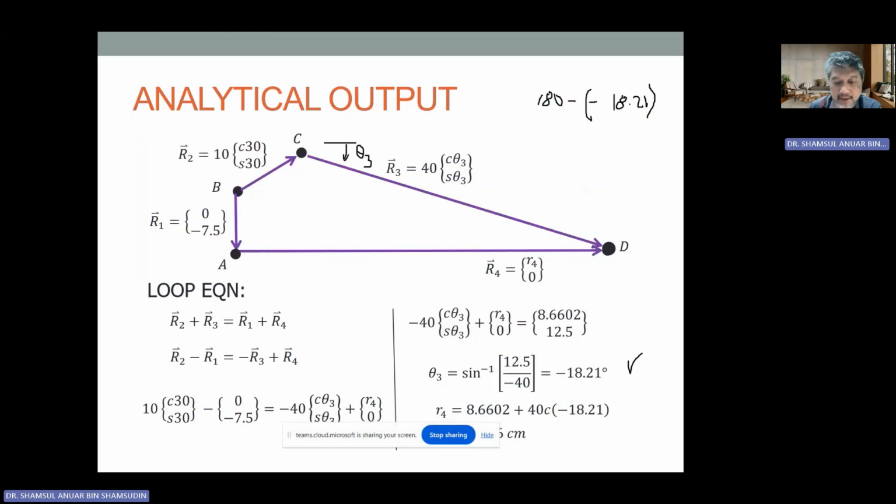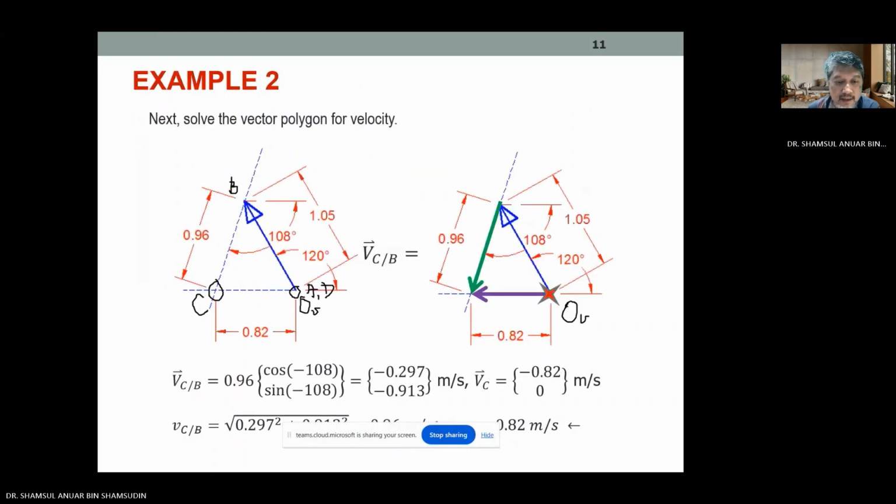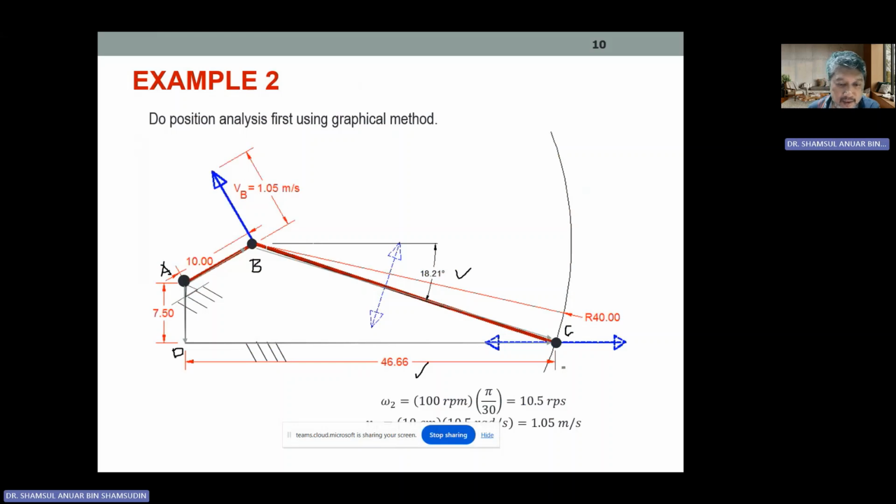And once you get that settled, you can plug the value of theta 3 into the top row, and then we can solve for R4, which gets you 46.66. If you refer to this AutoCAD drawing, R4 is 46.66, and our theta 3 is 18.21, and that's actually a negative value.